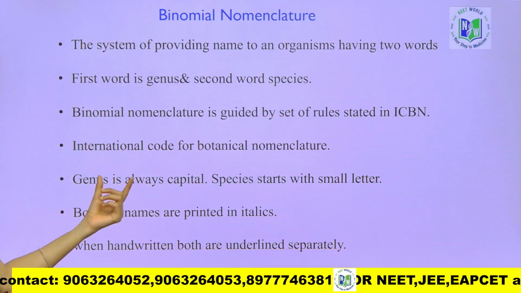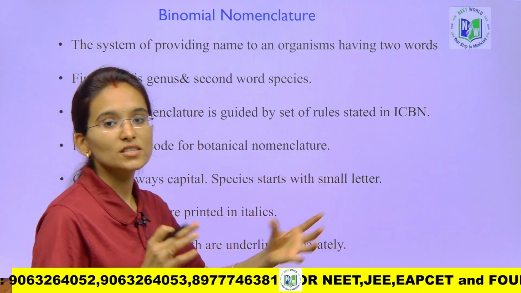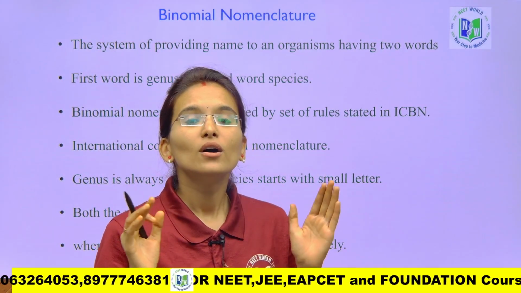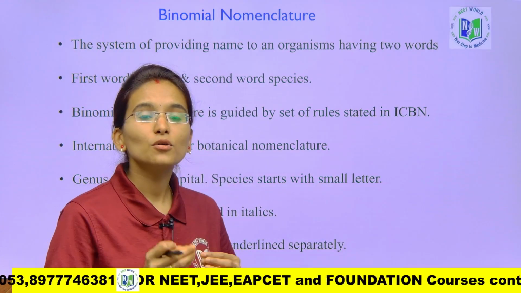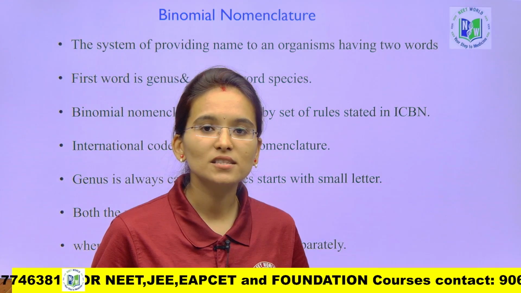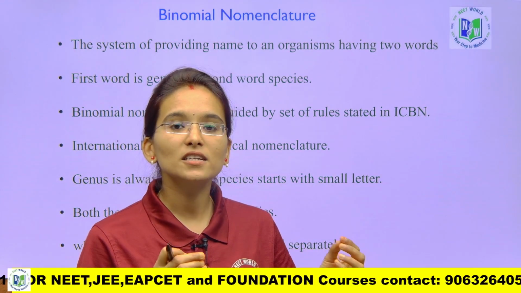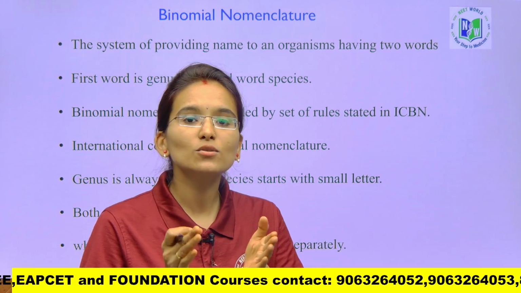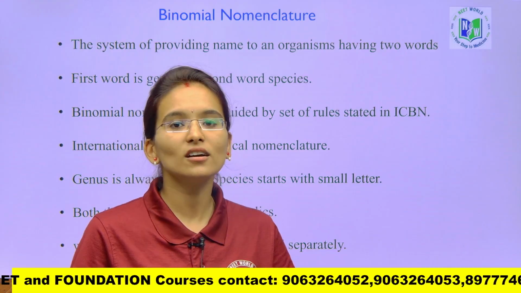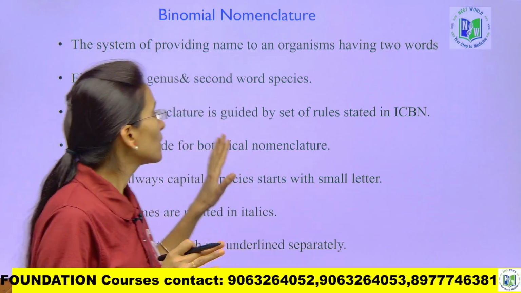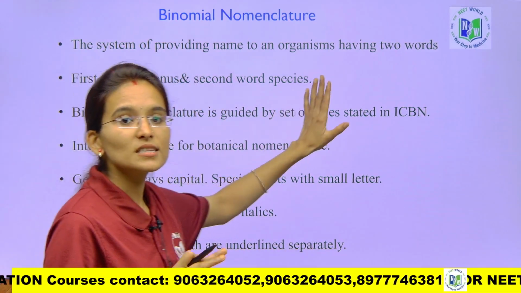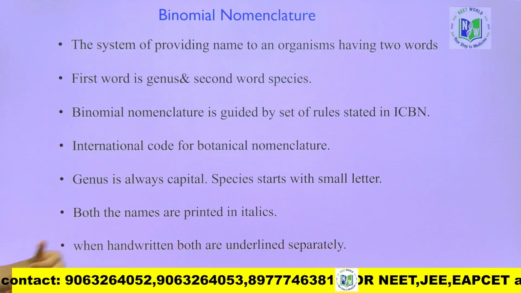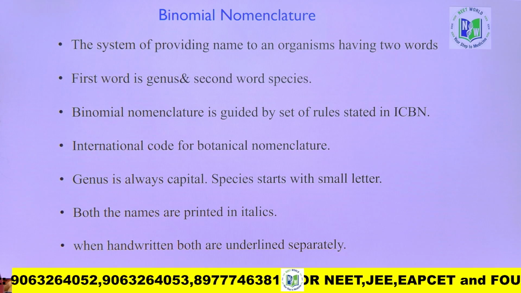Genus is always capital and species is always small. What is genus? A group of closely related organisms is called genus, whereas species is not shared with any other organism; it is specific to that particular organism only. Clear with all these rules? Please take a screenshot if required regarding binomial nomenclature.